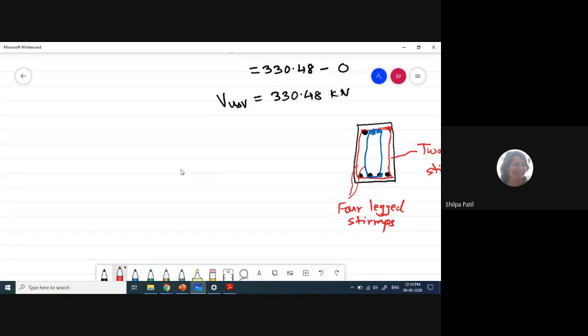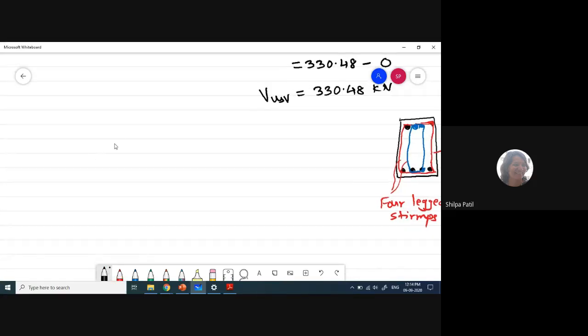So let us write down here now. Providing 10 mm diameter. Now this notation for indicating diameter is different from the notation which we use to indicate the diameter of the main reinforcement. This is purposely done.